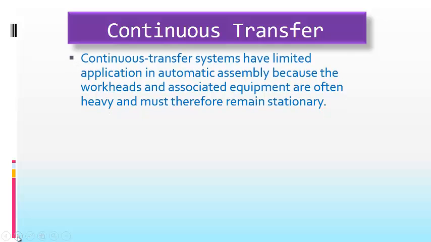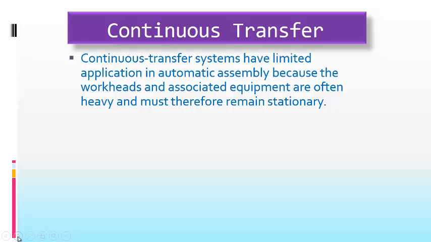Continuous transfer systems have limited application in automatic assembly because the workhead and the associated equipment are often heavy and must therefore remain stationary. This is a problem because moving the workhead is going to make things difficult.